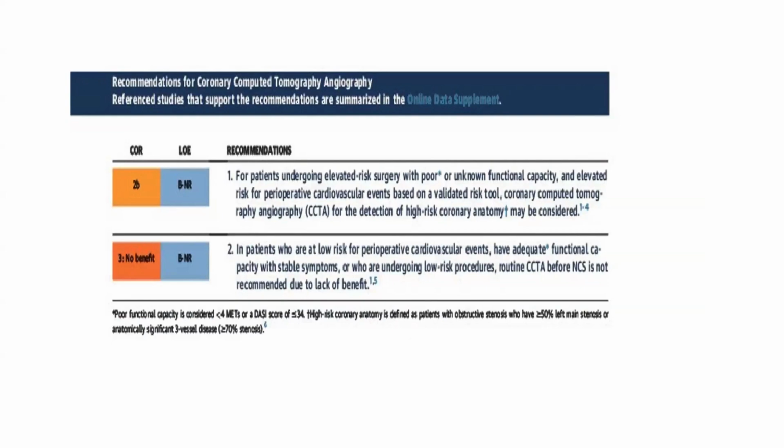A wonderful and useful test nowadays is coronary computed tomography, CCTA, or coronary angiography.